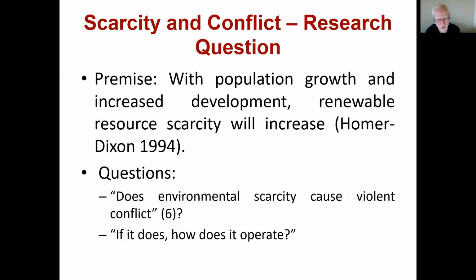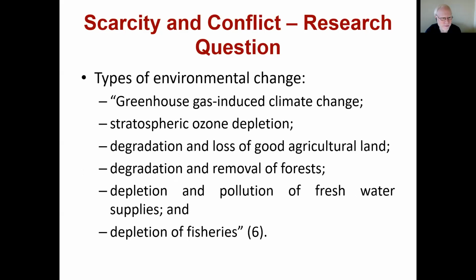So they led them to ask questions: does environmental scarcity cause violent conflict? And if so, how does it operate? So what are the types of environmental change that we see that can potentially produce conflict? So there's greenhouse gas induced climate change, there's stratospheric ozone depletion, degradation and loss of good agricultural land, degradation and removal of forests, depletion and pollution of freshwater supplies, and depletion of fisheries.